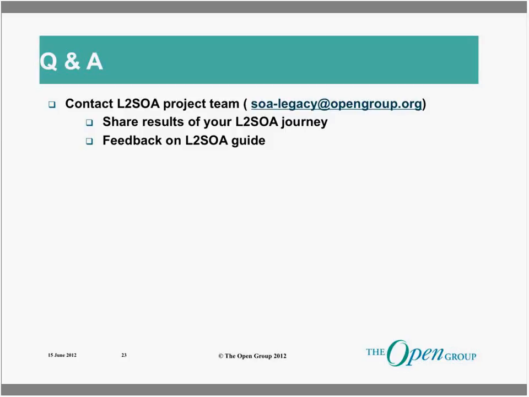Yeah, let me try to answer that, Chris. And Carlos, thanks for the question. The SOA maturity assessment, how we use it in the guide, is really to provide input, for example, for the migration planning phase. It tells where the organization is. It might also tell that the organization does not have any SOA-enabled applications or an SOA infrastructure, which means that in the planning phase, the first thing to plan for is getting an SOA environment ready.